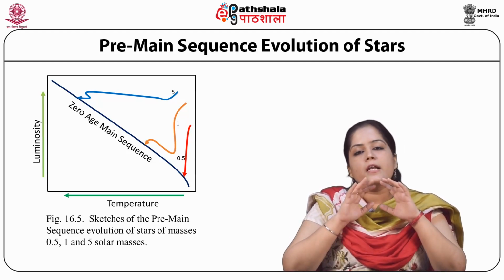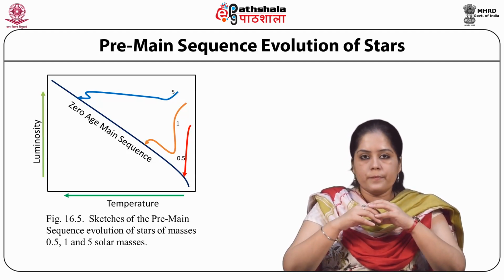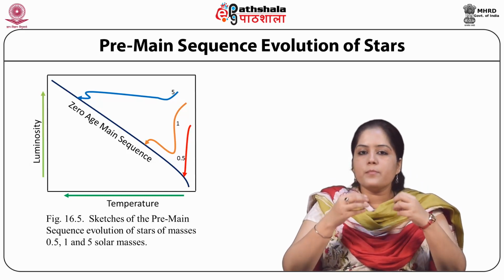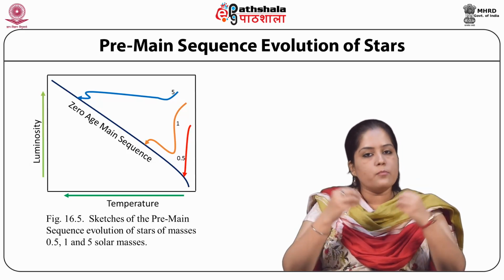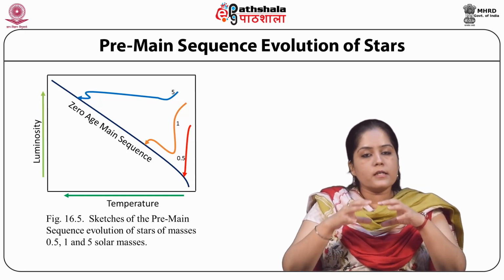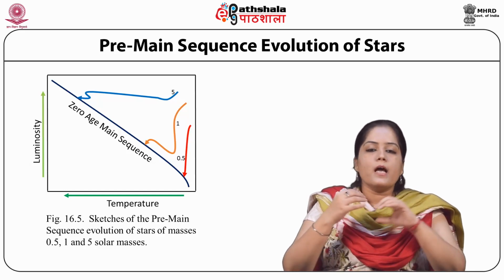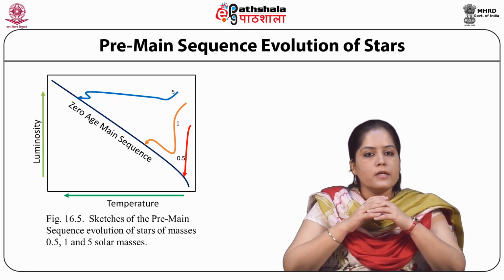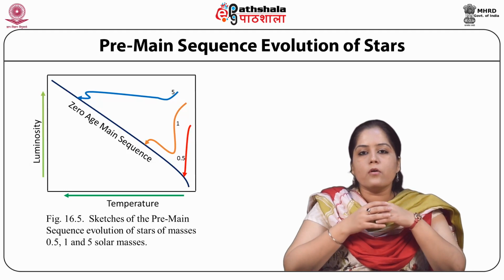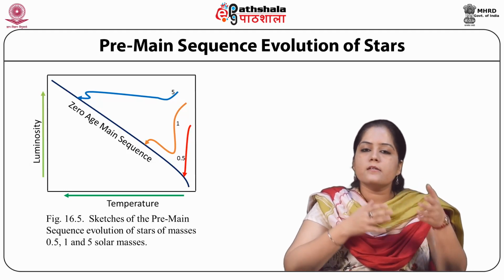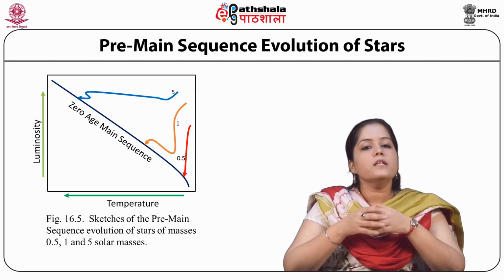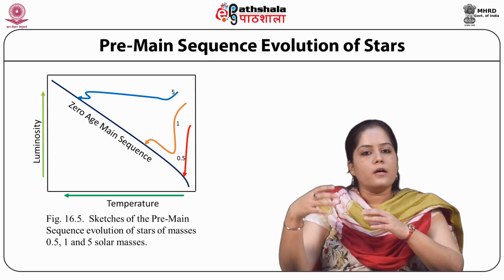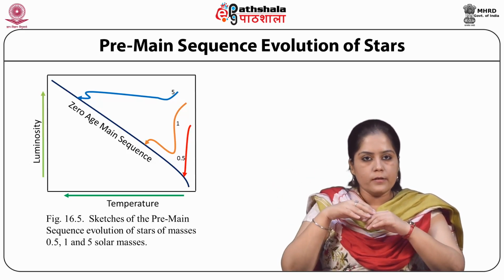Nuclear reactions cannot ignite inside it, so it keeps on contracting under gravitation, and the density and pressure inside it increase. A part of the energy released by the gravitational contraction increases its surface temperature, and the protostar starts moving to the right on the HR diagram as shown in this figure.